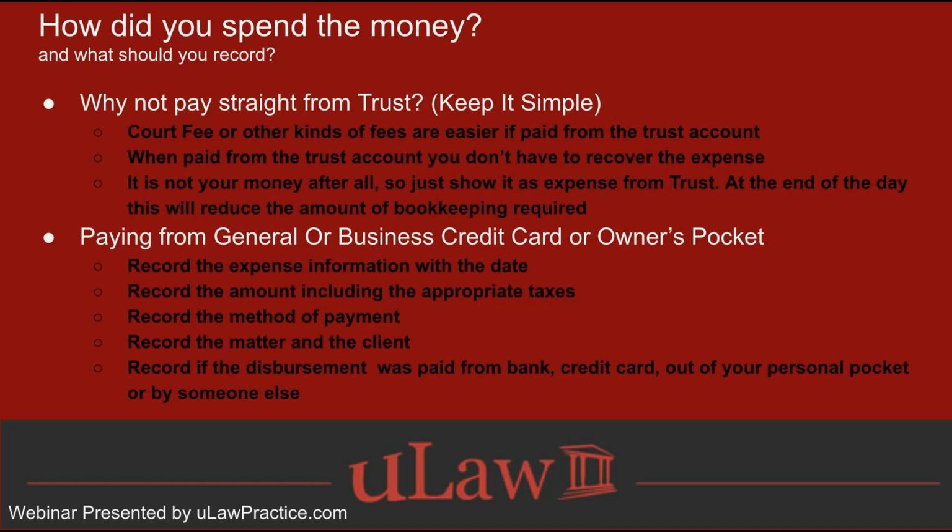You need to follow the money, how it was paid, and record it under the respective client with the reason and explanation. You cannot spend something for your office and call it a disbursement, right? That is why we have something called office expense separately, and disbursements are client expenses, which are separate. If you see in uLaw, you would notice that both of these are given here.